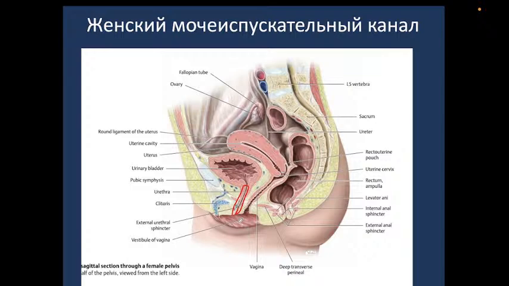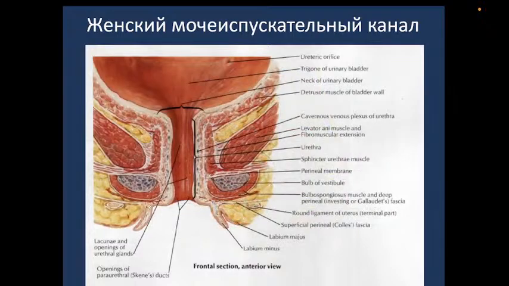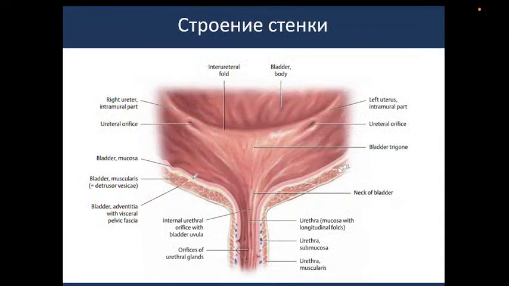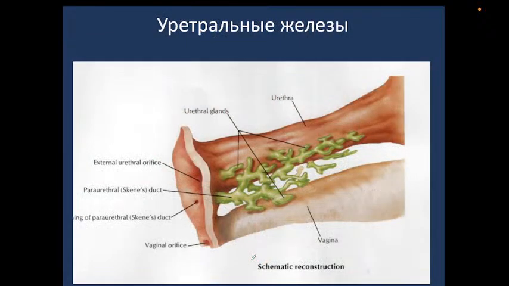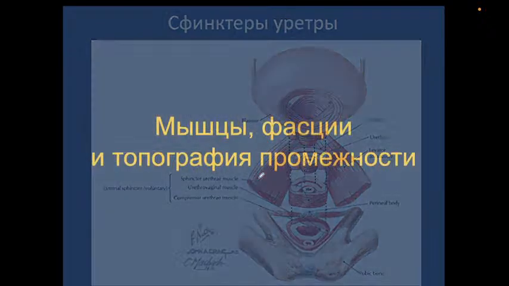Don't forget it, especially for the practice you will have in the third course, a special practice which a doctor has to know. As you see, the female urethra is short and large in diameter, and has special urethral glands located in the mucosa.